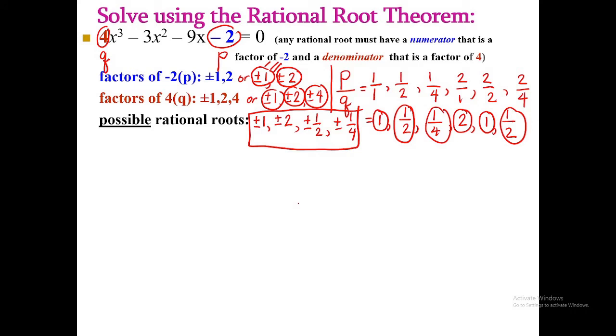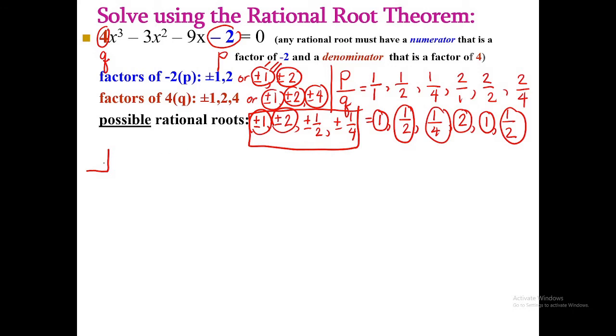I can start with positive 1, then negative 1, positive 2, negative 2. So in synthetic division, we focus on the integers. My technique is this: I use the smallest positive integer first. What is the smallest positive integer there?